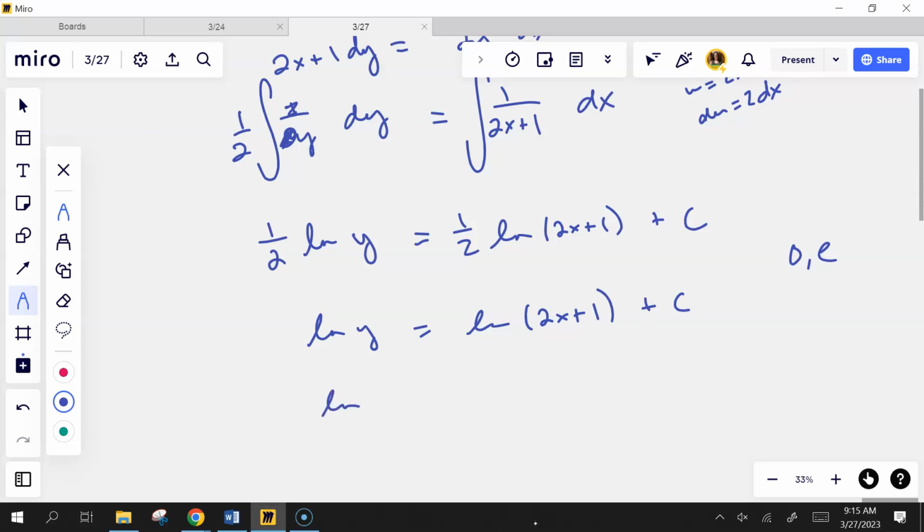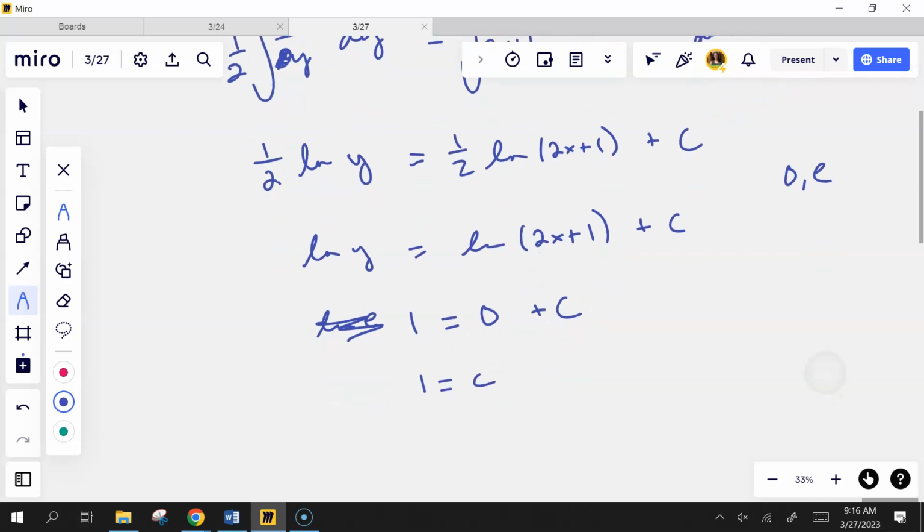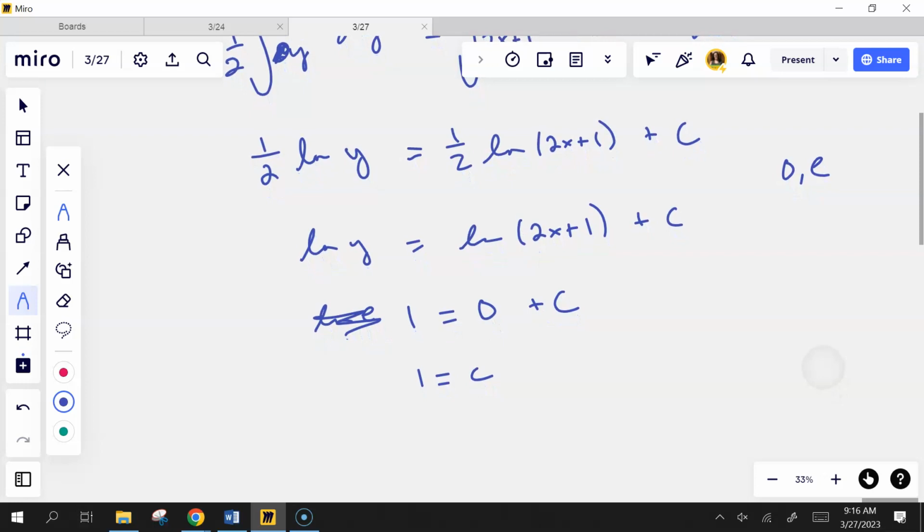Okay. Log, this becomes log e, which is just 1. They gave that to me in the beginning. So now I have log y equals log 2x plus 1 plus 1.